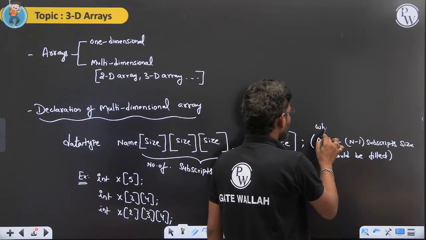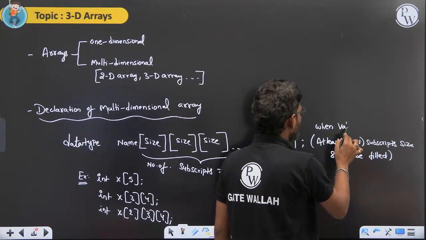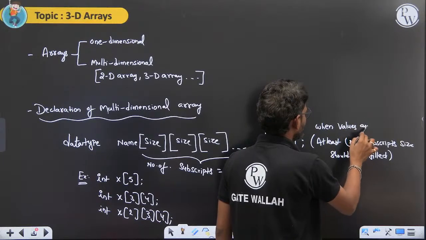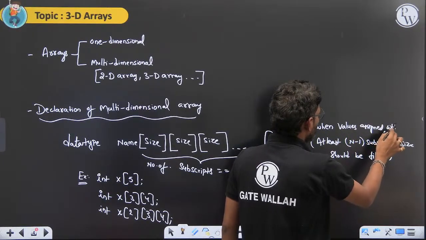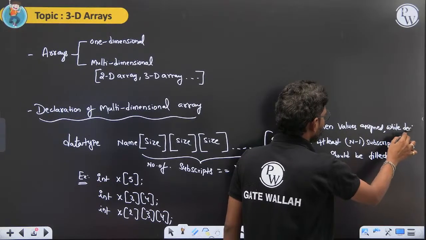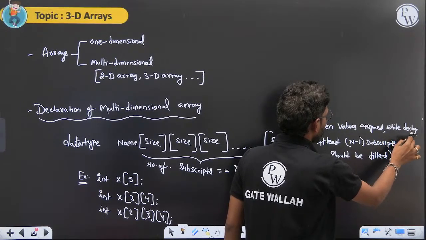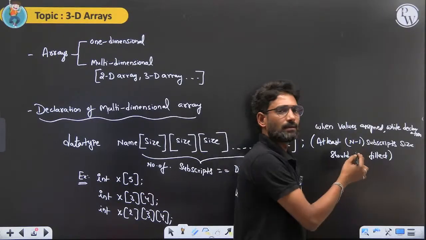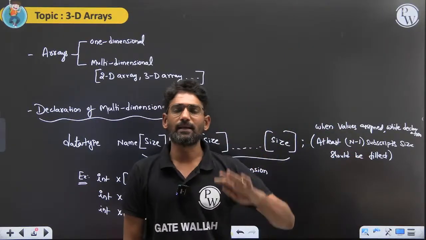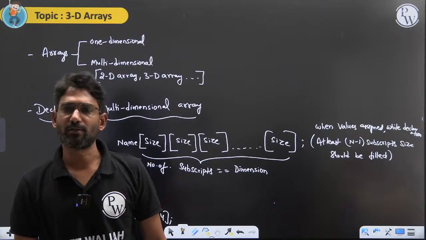When values are assigned while declaration, then n minus 1 subscripts you have to mention minimum.